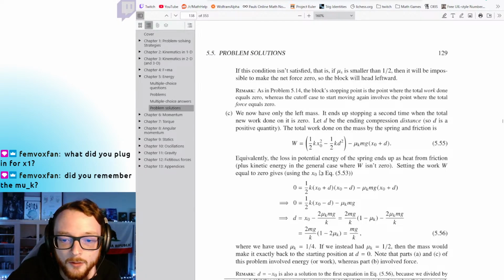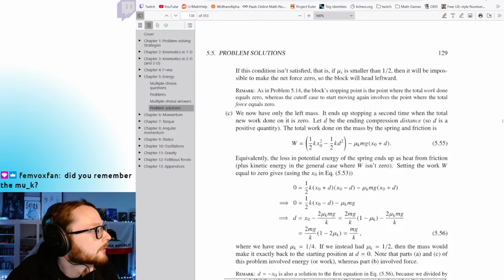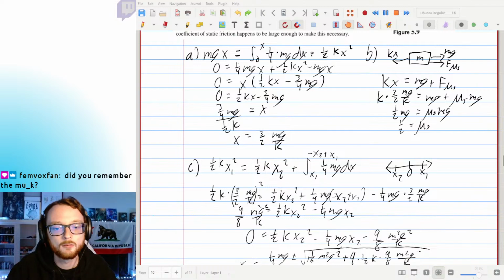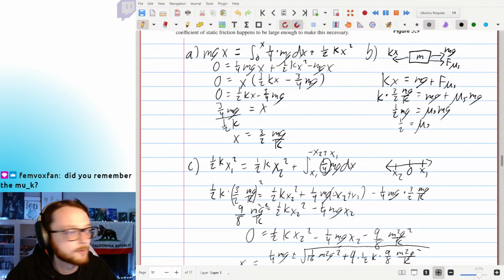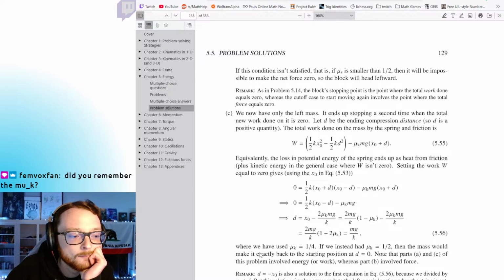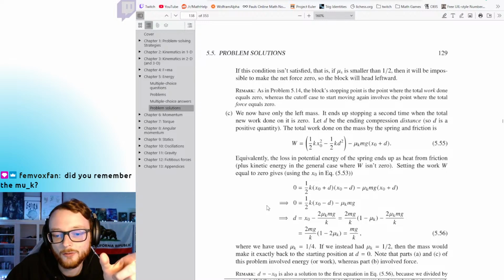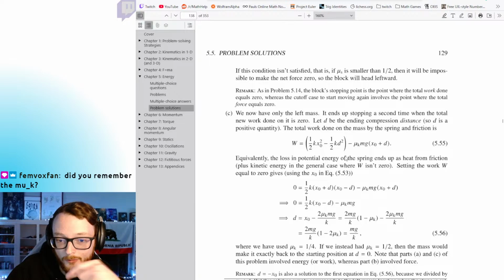Mu equals a quarter. If mu equals a quarter, I remembered it. Yeah. It's right there. It must be the bounds of my integral. Is D the distance from x0 to my x2, I guess?